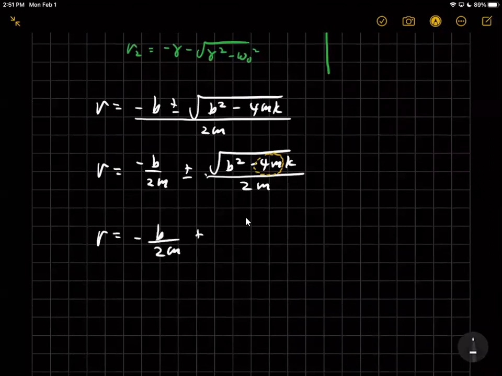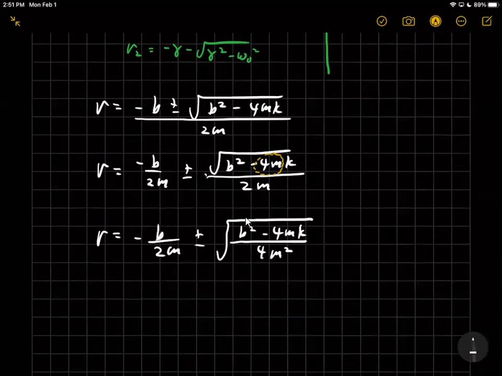So the first term is already where we want it to be. But now we can extend the square root sign over both the numerator and the denominator. And when you put 2m inside of the square root, it becomes 4m squared. You have to put it in twice. So 2m times 2m is 4m squared. Okay, so that gets us a lot closer to what we wanted.